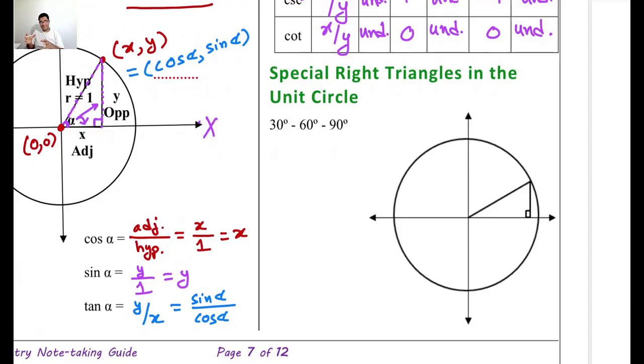Now if you look at angles between 0 and 90, and in that, not every random angle, first we will start with some special right triangles with some special angles. The first of them is 30 degrees, 60 degrees, 90 degrees.